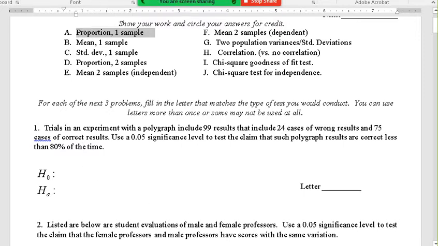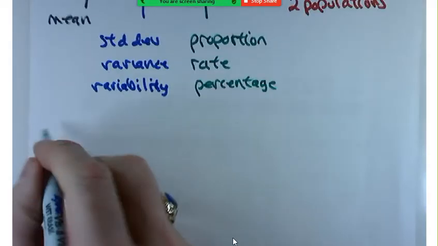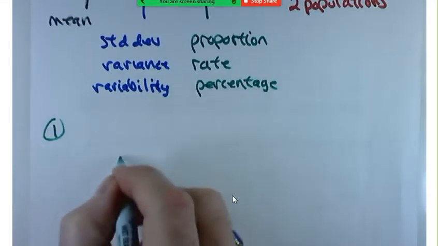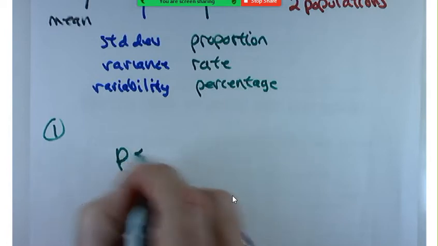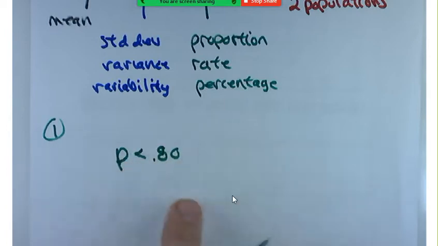Let me write down the null and alternative hypothesis. Your alternative hypothesis is kind of hinted at right here. Polygraph results are correct less than 80% of the time. So for problem number 1, that would be P is less than 0.80. Now that has to go in which hypothesis, the null or alternative?